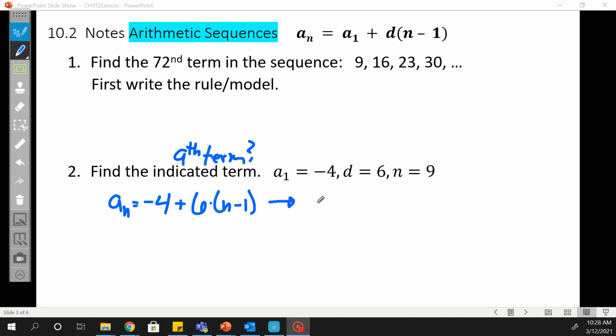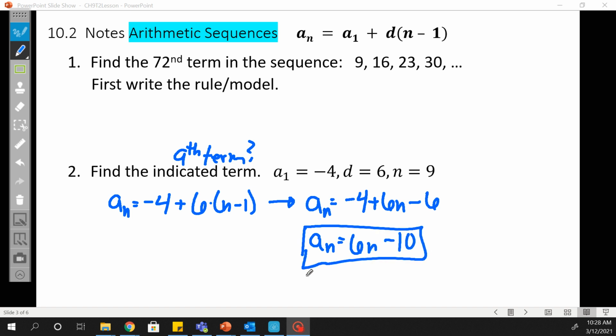Putting this in standard form gives us a sub n is equal to negative 4 plus 6n minus 6. Combining like terms gives us 6n minus 10.